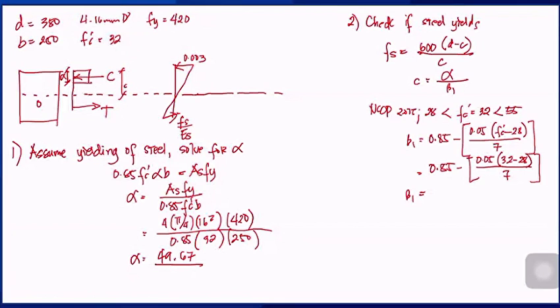So we can now solve for Fs, that is equal to 600. Your D is 380 minus C, that is alpha over beta 1, over alpha over beta 1.